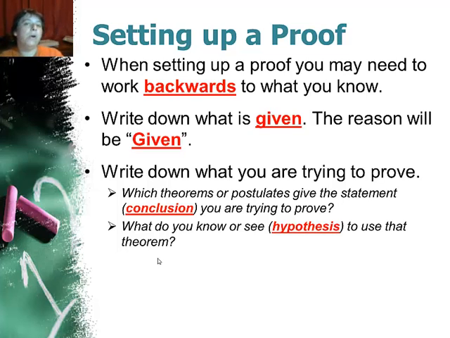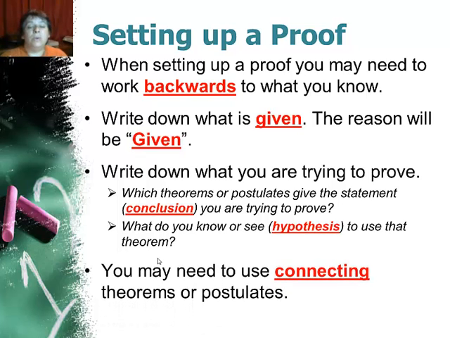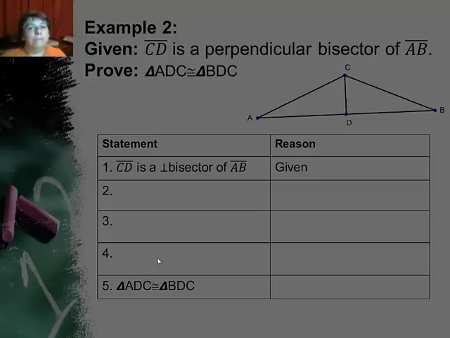Then think, okay, which theorems or postulates could I use to get from the beginning to the end, or from the end to the beginning? What do you know or see that you can use? Don't forget to go through those definitions and see if you can identify congruent angles or congruent sides. And that's what I was talking about. You might need to use those connecting theorems or postulates.